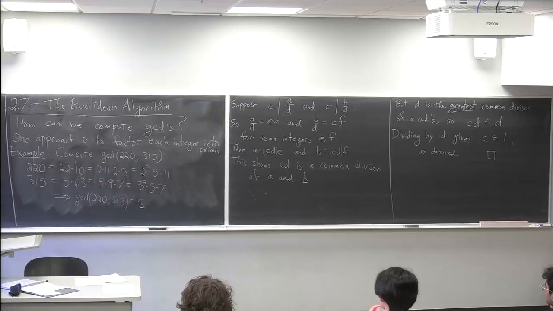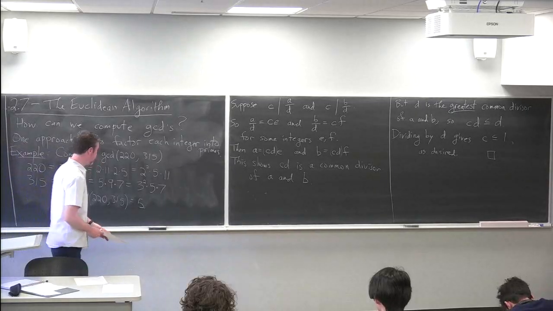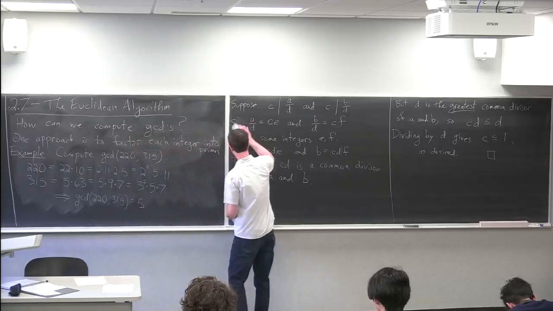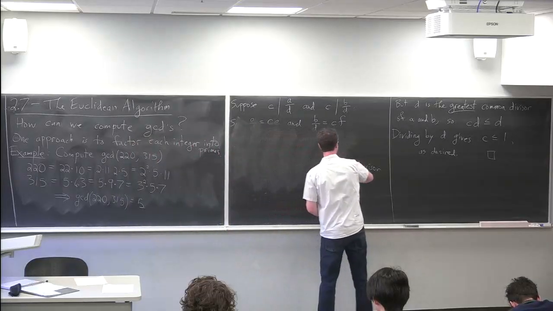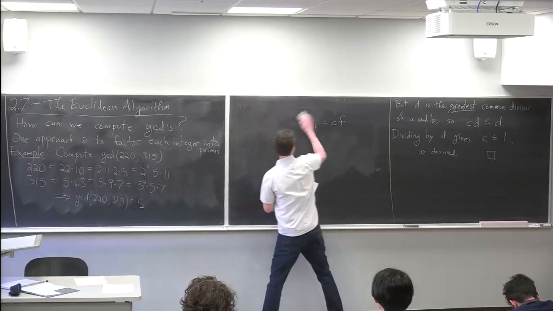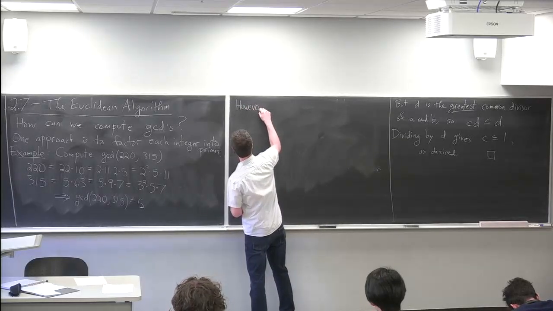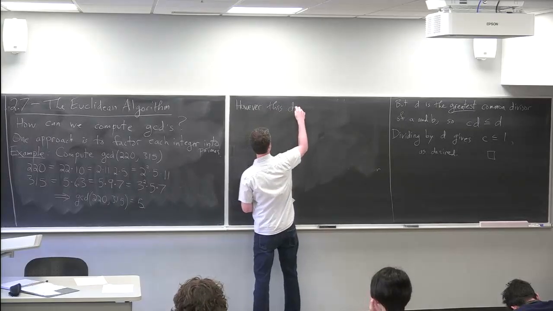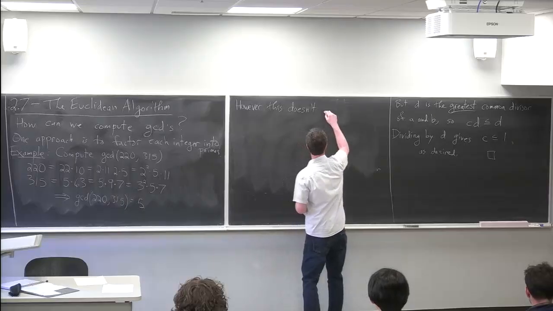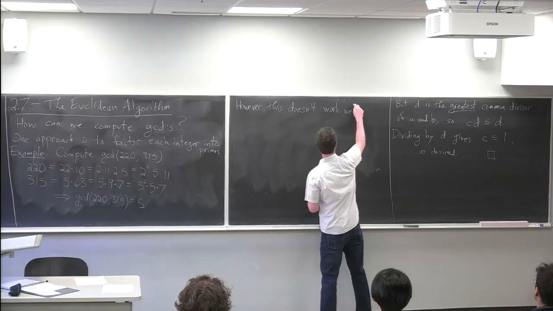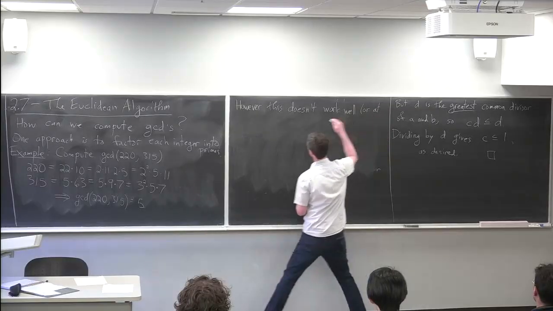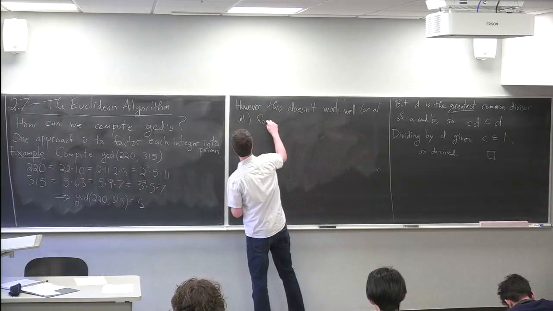Now, once it's justified, this is a valid approach, but it's not a good approach to finding GCDs. There are issues with this as it is. Let's say it doesn't work well, or at all really, for large integers.